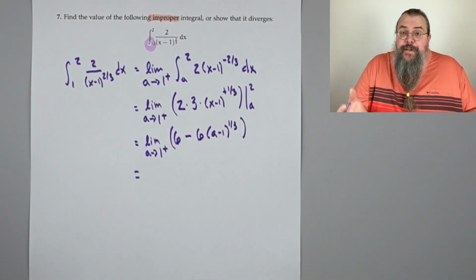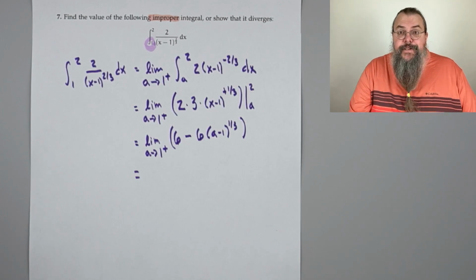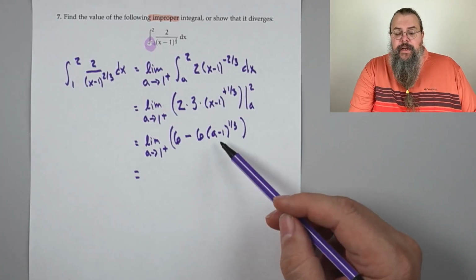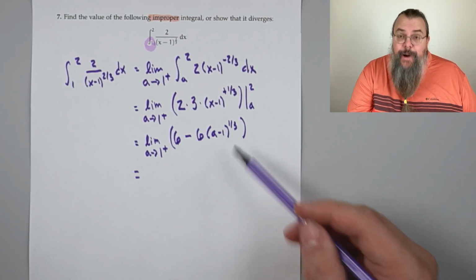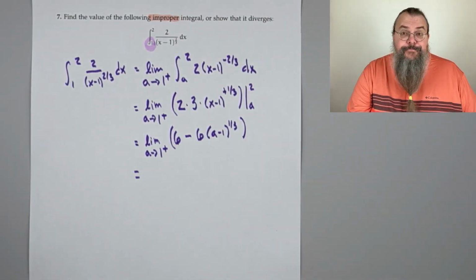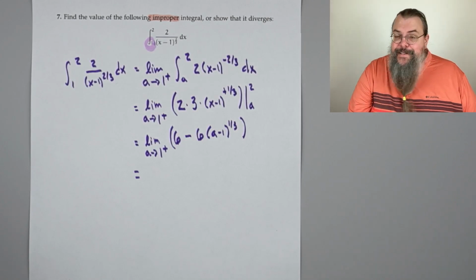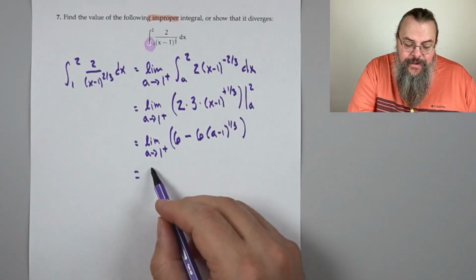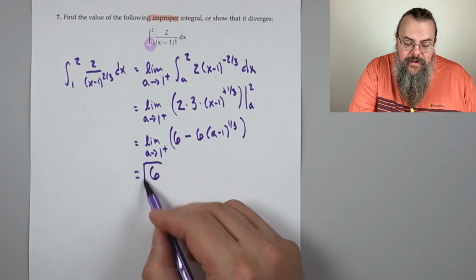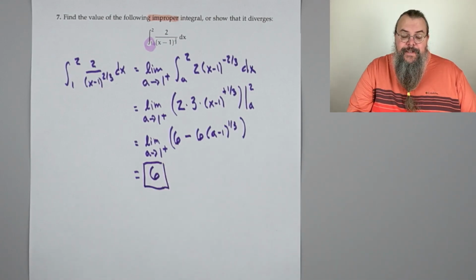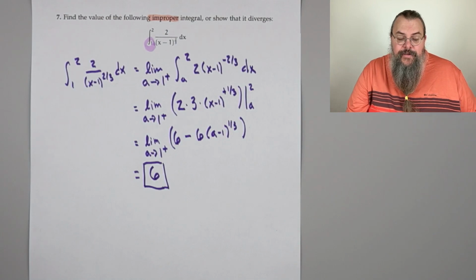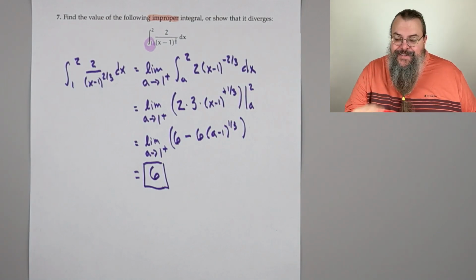If you can plug it in and you get a nice answer, you're done. a minus 1 is 0. 0 to the positive exponent, 1/3. We're good. That's nice. So this gives us 6, and we're done. Great.